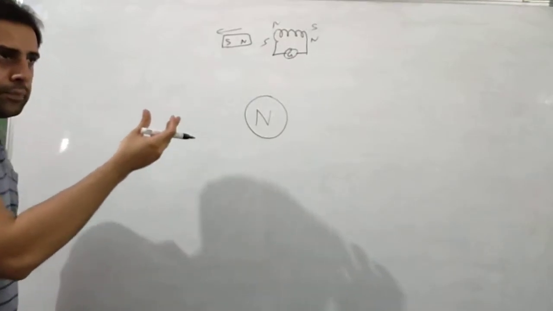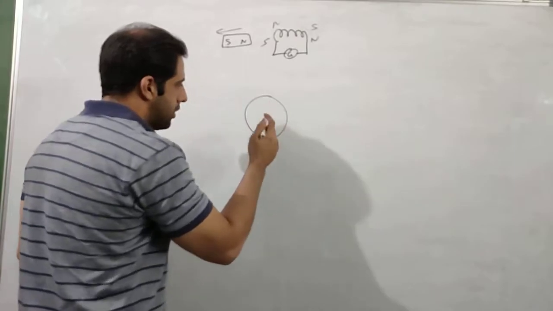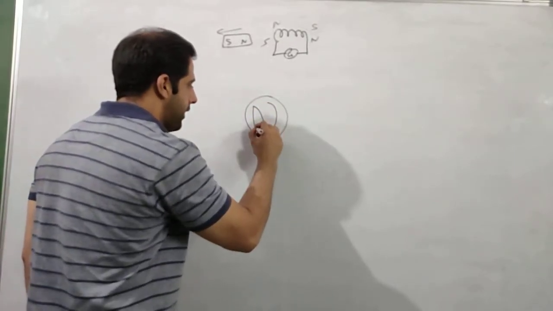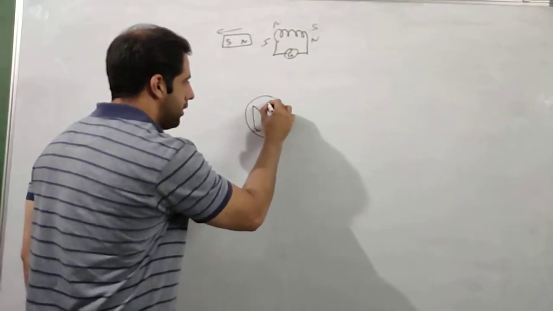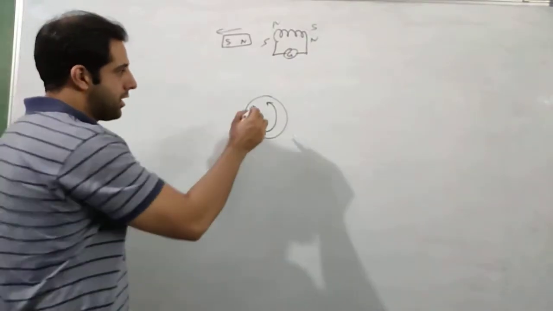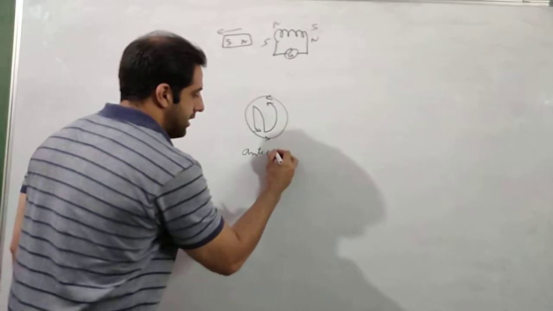So there is a trick to know the direction of current. So there was a north pole. If I draw N like this, then it will give us the direction of the current. This means the direction of current is like this. So it is anti-clockwise.